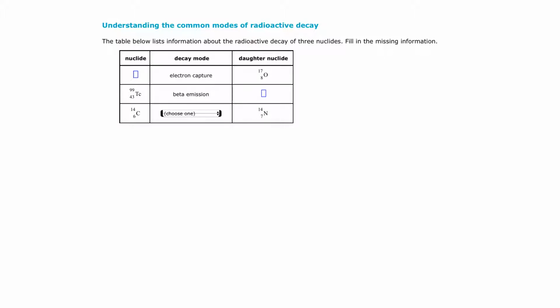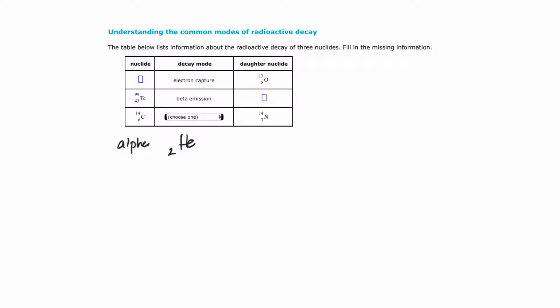The first one is alpha emission. If you emit an alpha particle, you're actually emitting matter. You're emitting the nucleus of a helium atom. If you remember, helium has a charge of +2 because there are no electrons here, and a mass number of 4.